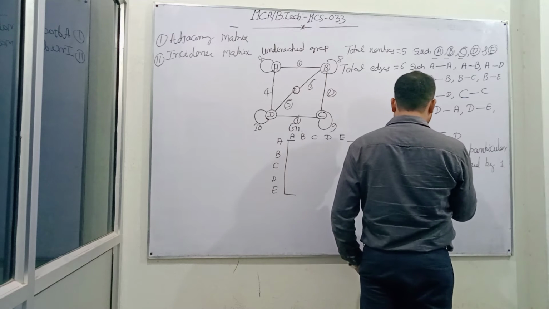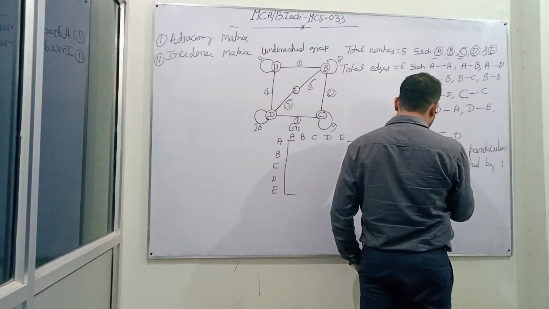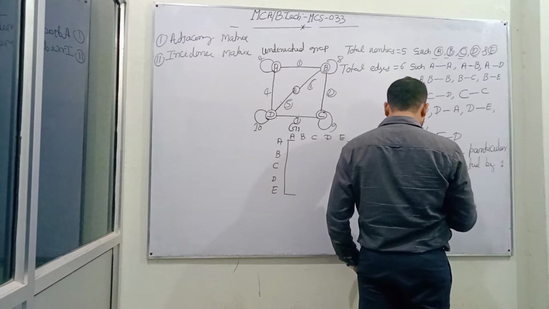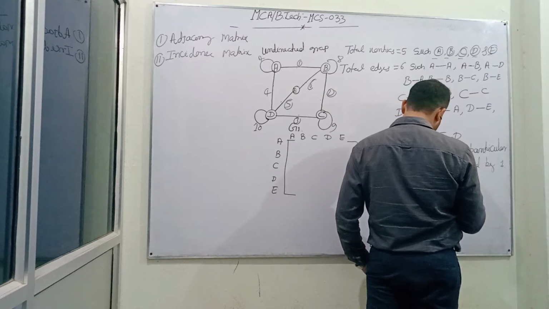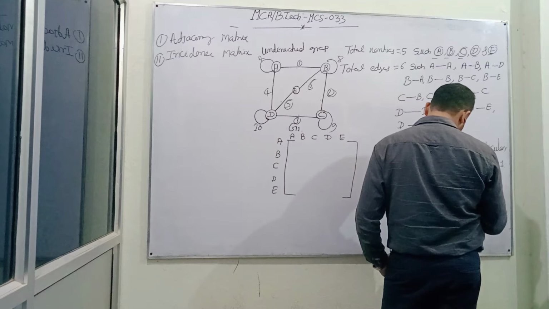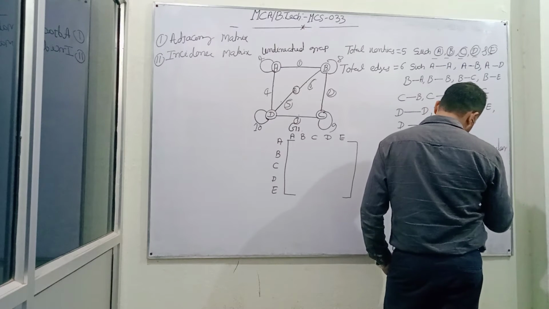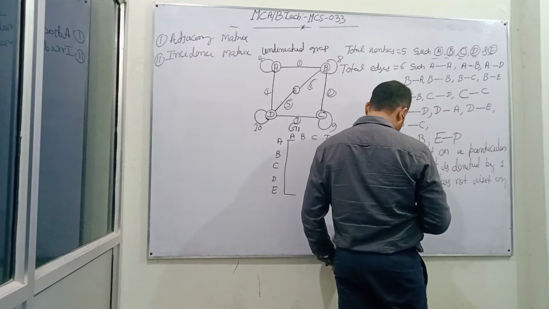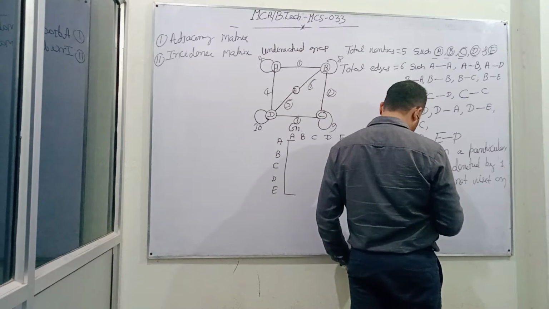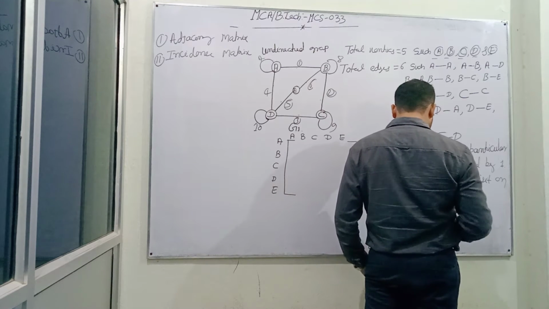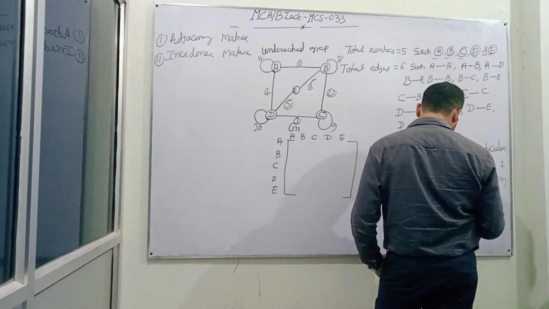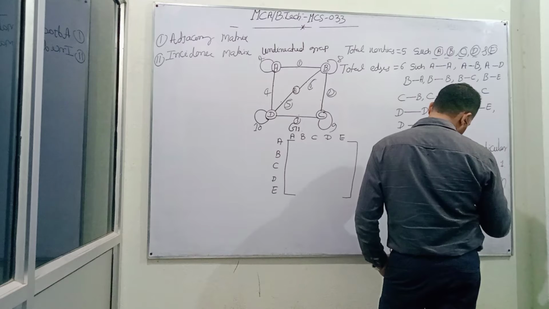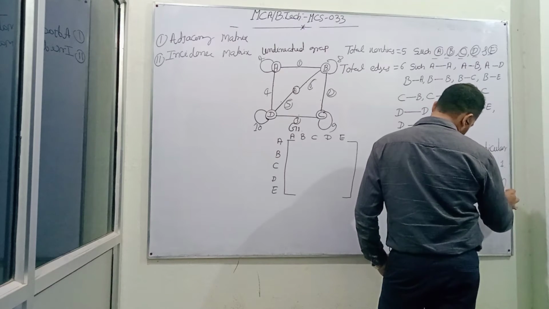And a vertex that does not get visited from a vertex is denoted by 0.